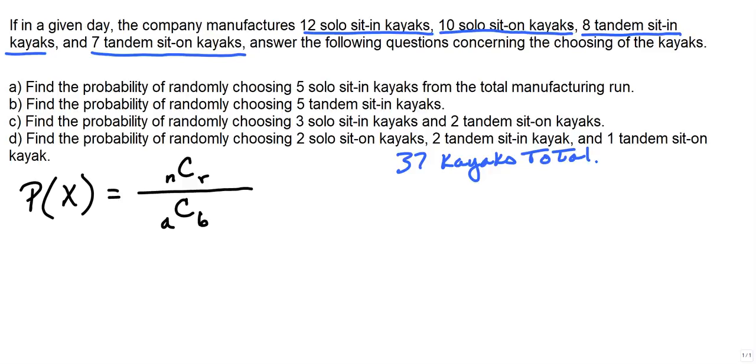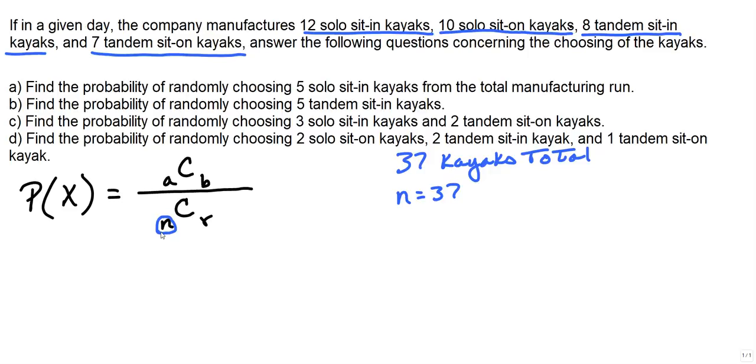And this is going to allow us to determine our denominator. So n is equal to 37, and that's going to go into our denominator because that's the total number of kayaks that we're looking at.